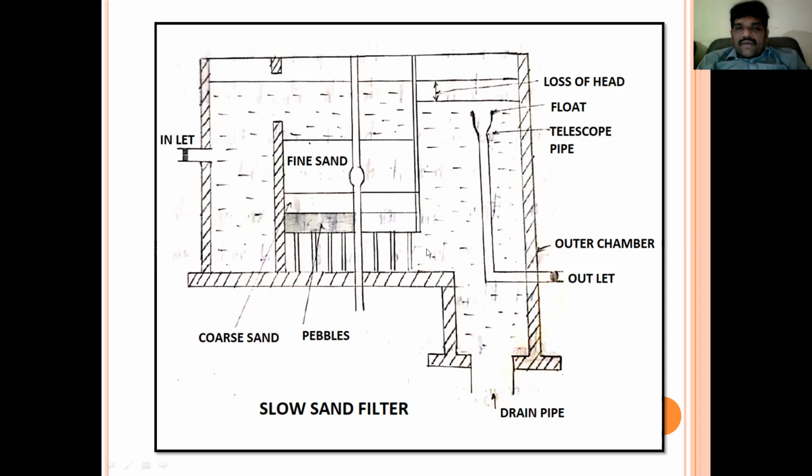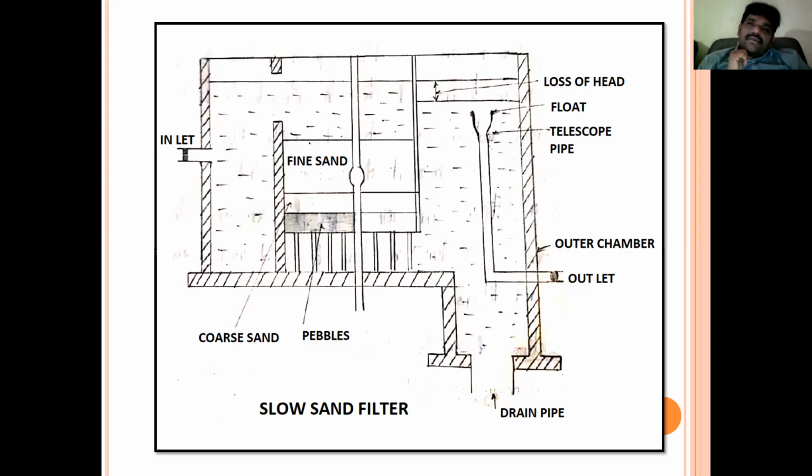When the amount of filtered water is reducing, obviously the gap will increase, which gives the information of clogging of the sand media. At that time, the sand bed has to be removed and washed out.